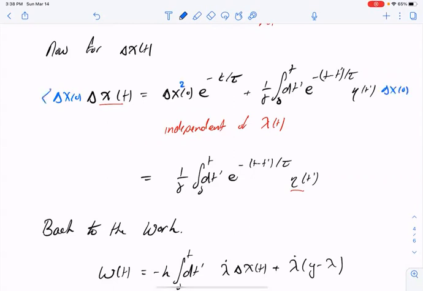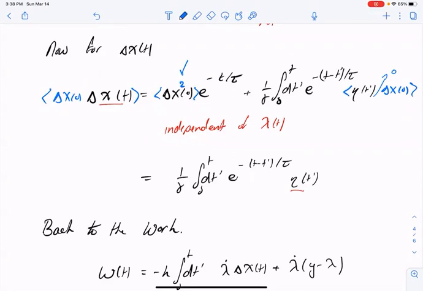And average, and again, the time translational invariance of this correlation function is valid because it doesn't know that I've broken time translational symmetry through the application of lambda. As before, x at 0 is not correlated with eta at t, so that term goes away.